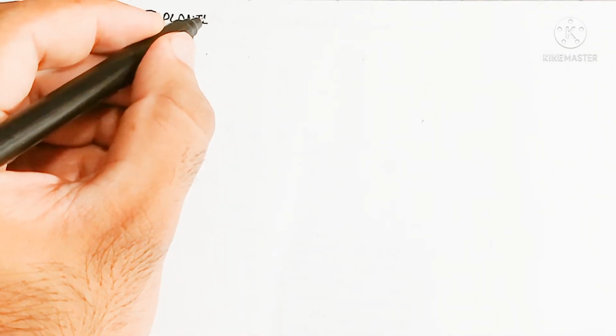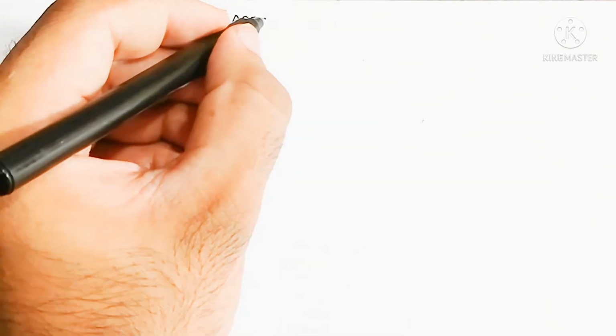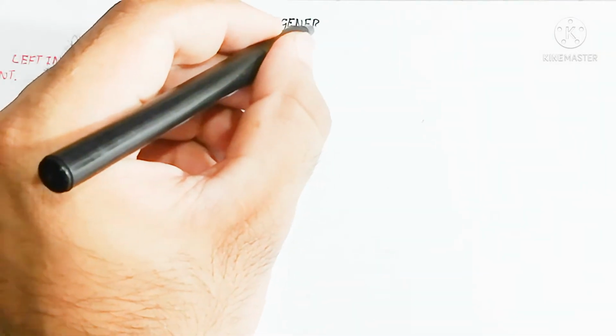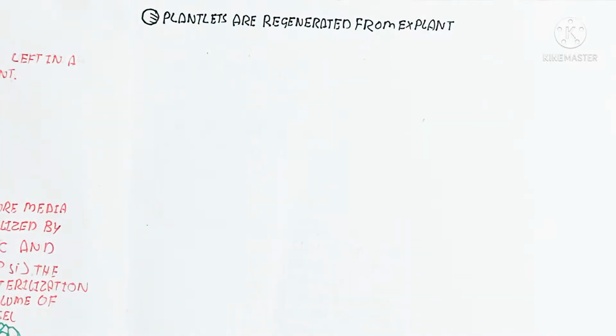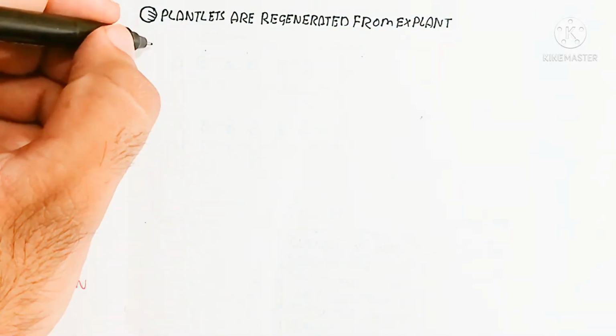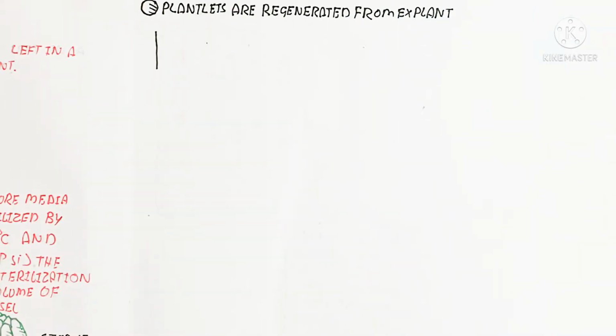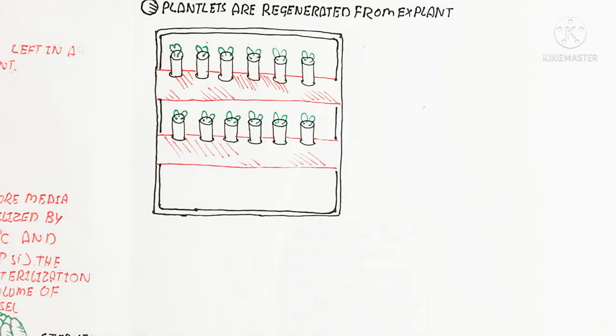Why? Because during the early growth of the plant it should be contamination free. It is more sensitive to pathogens, so pathogens can infect it. That means we must provide a pathogen-free environment.